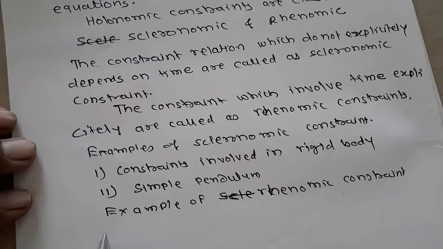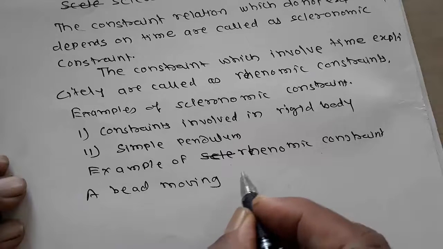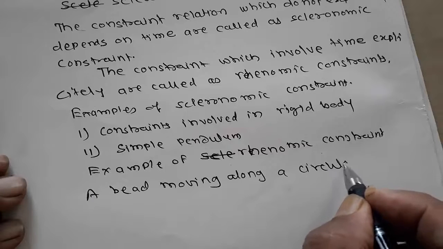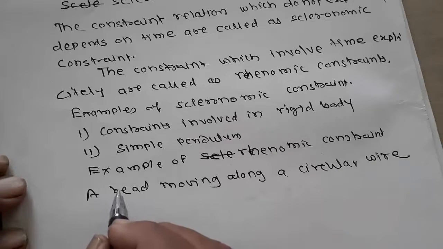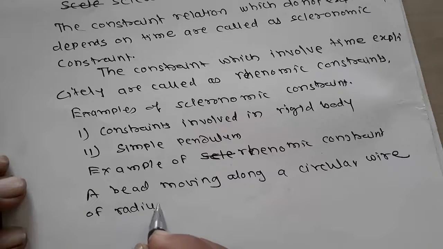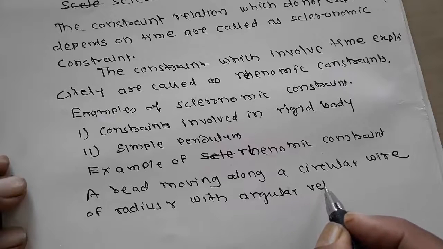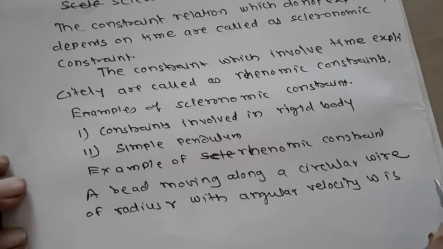A bead moving along a circular wire of radius r with angular velocity omega is a rheonomic constraint.